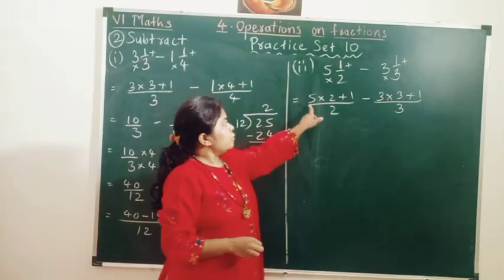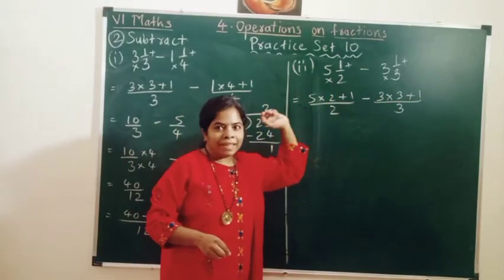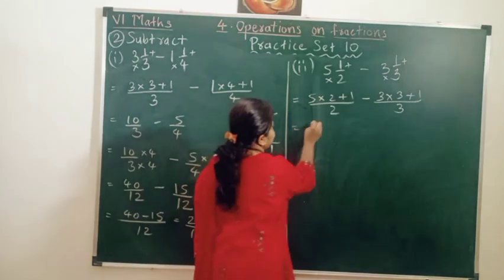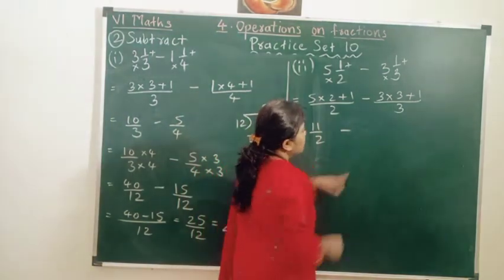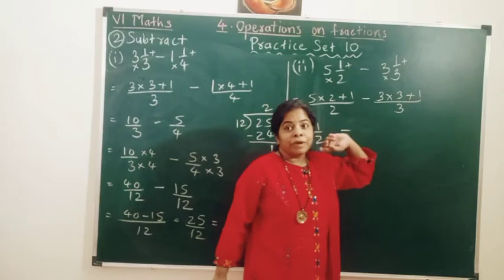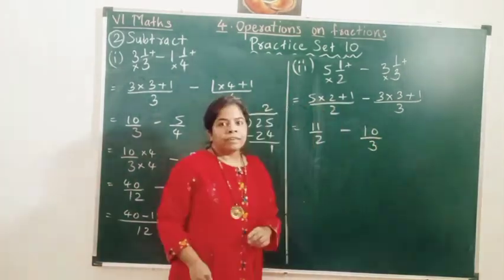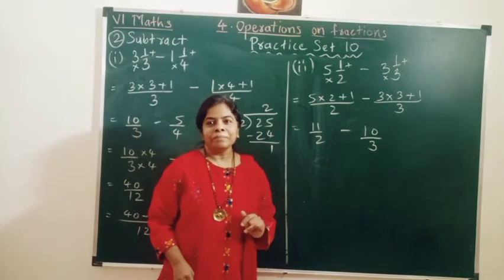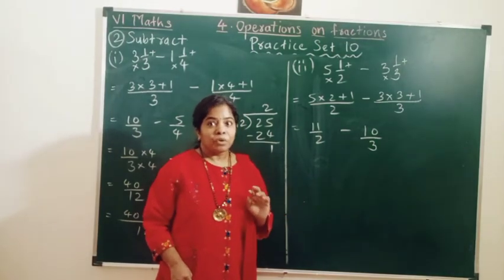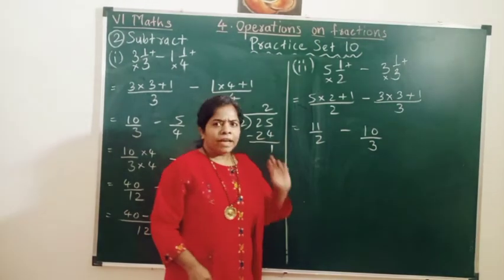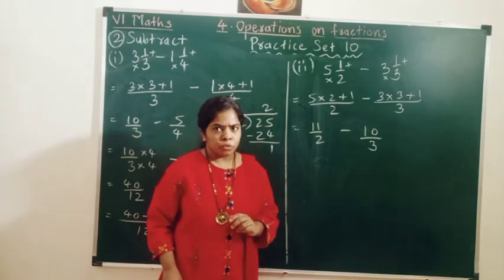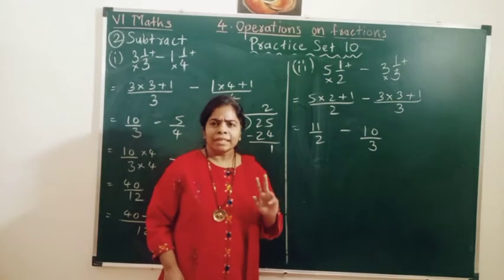Now 5 2s are 10 plus 1, 11. 3 3s are 9 plus 1, 10. Now we can see very clearly that the denominators are not the same, and they are not coming in the same table also. Answer for both questions is no.